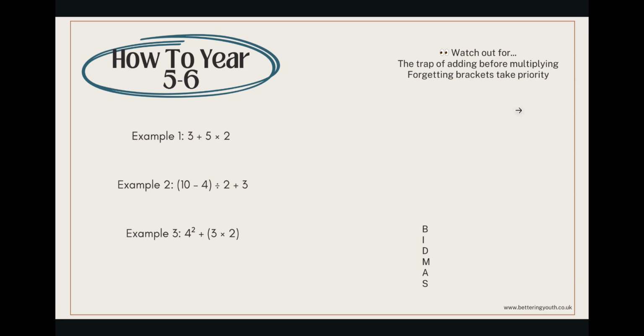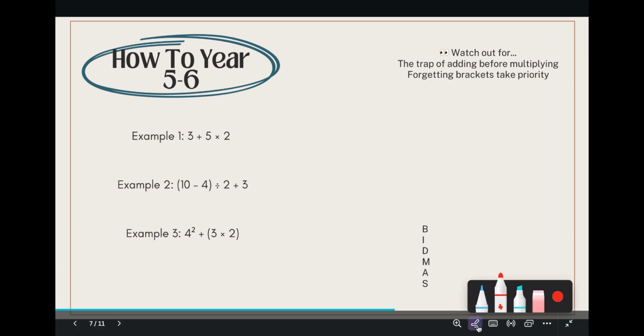Reminders are up here in the top corner. It says the trap of adding before multiplying. Let's not get caught in that trap. And do not forget that brackets take priority. So we know that our process is BIDMAS, so brackets, indices, division, multiplication in the order that they arrive, addition and subtraction in the order that they arrive. Let's do the first one together.